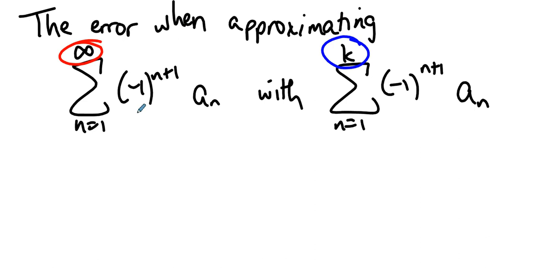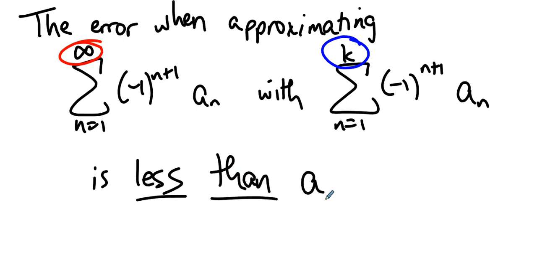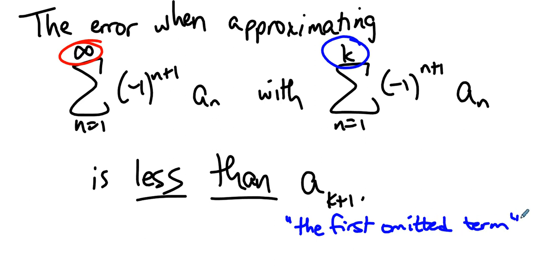The error when approximating the infinite series with a finite series is less than the first term you leave out, the first omitted term. If you stop after k terms, the error is less than the first omitted term.